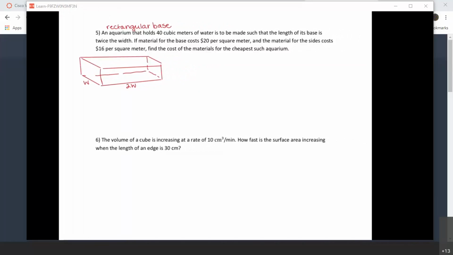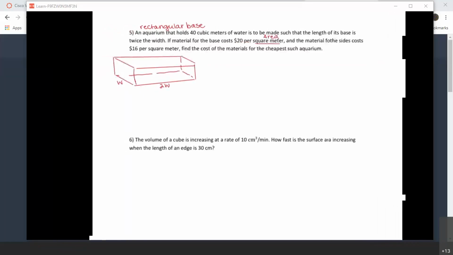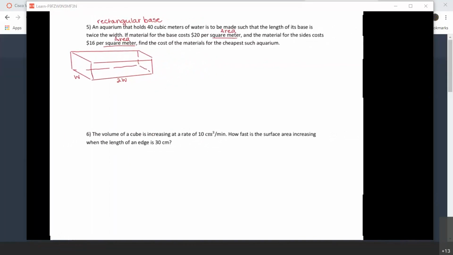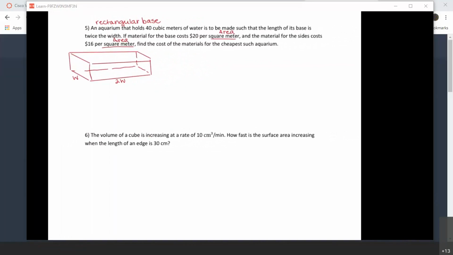Please notice these units are area units. Find the cost of the materials for the cheapest such aquarium.